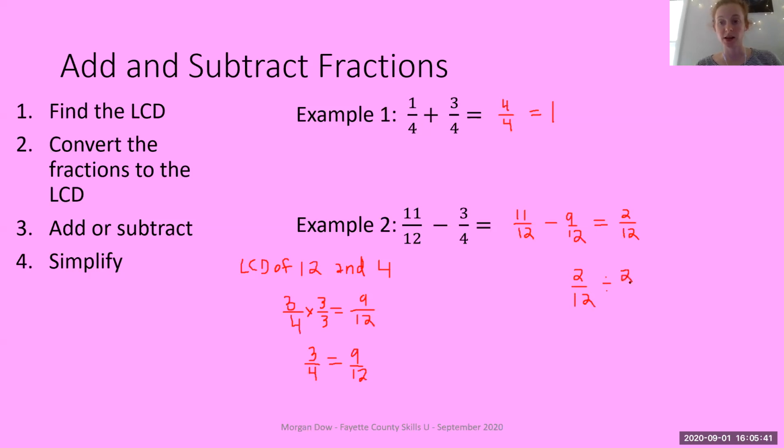So instead of raising our fraction, we're reducing or simplifying our fraction. And we end up with 2 divided by 2 is 1, and 12 divided by 2 is 6. So our final answer here is 1/6.